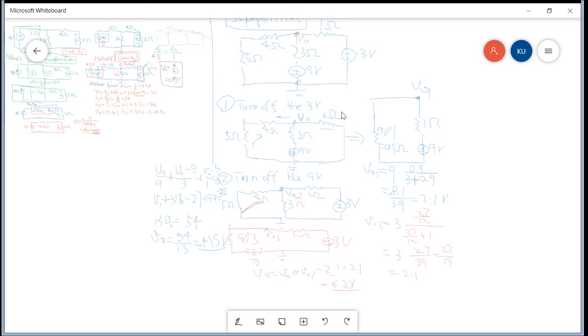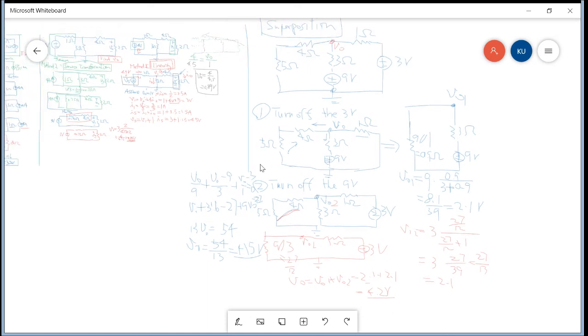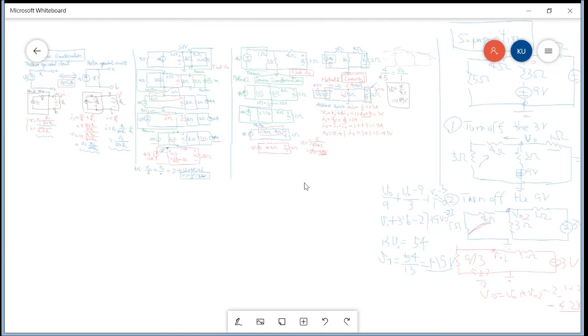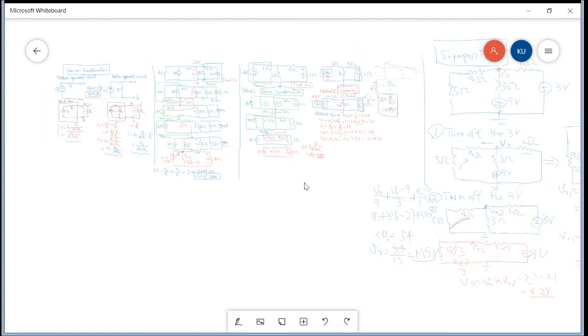But remember that if it is a current source, when you turn it off, it becomes an open circuit rather than a short circuit as for a voltage source. This method will be helpful for solving RLC steady state, if you don't want to use the ODE to solve it.